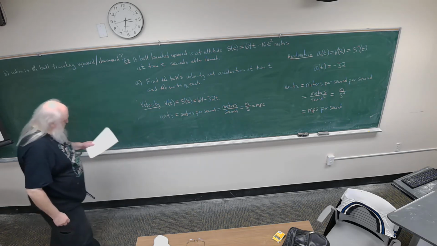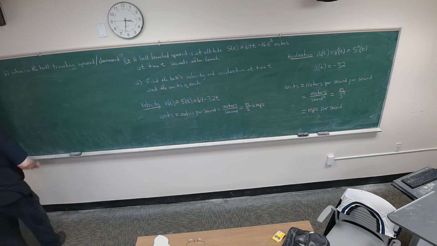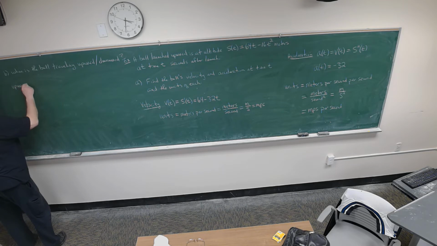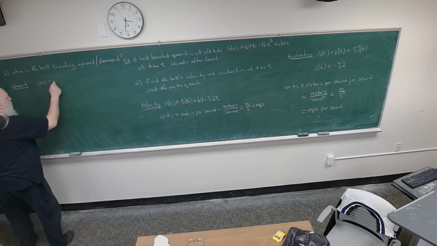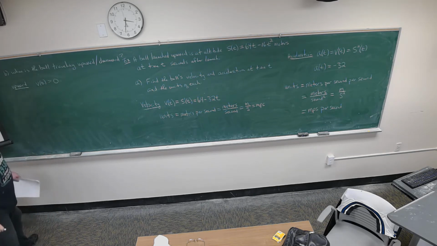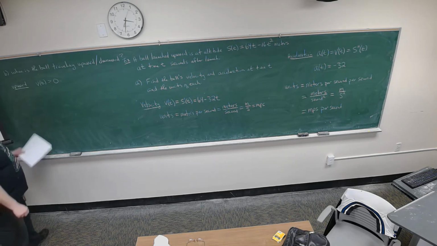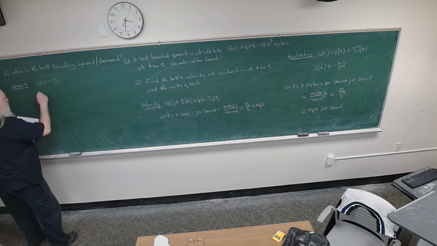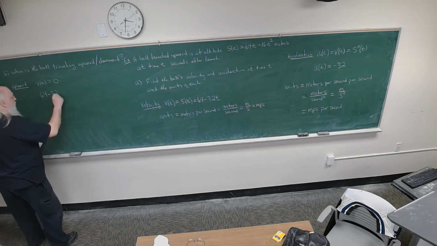So it's going upward when V of t is greater than 0, is positive. When the velocity is negative, it's coming downward, crashing towards the Earth. Well, the velocity V of t is equal to 64 minus 32t.